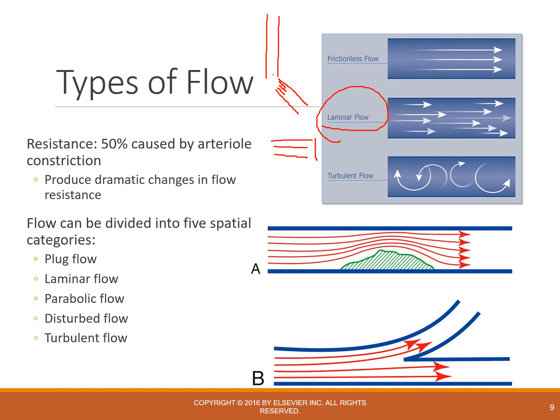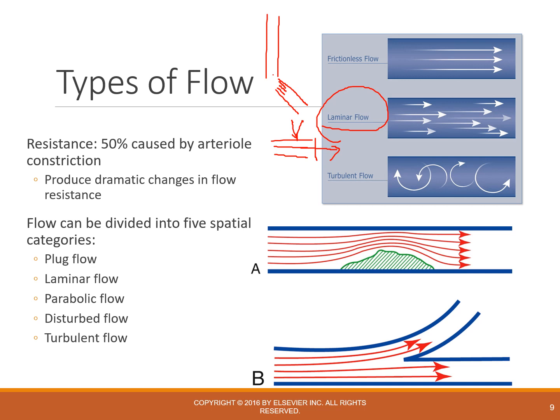Now, as this travels farther and farther down the vessel, friction is going to start to impact the peripheral cells, and they're going to start to lose some of their kinetic energy to friction, turning it into thermal energy, and they're going to slow down while the central cells are going to continue to move faster.